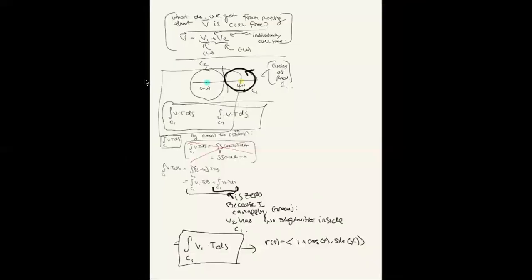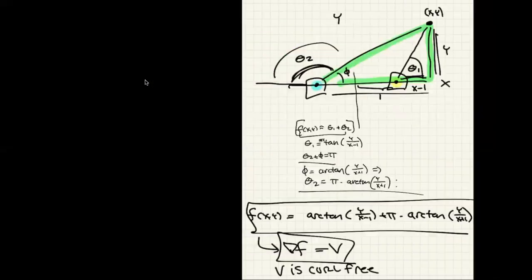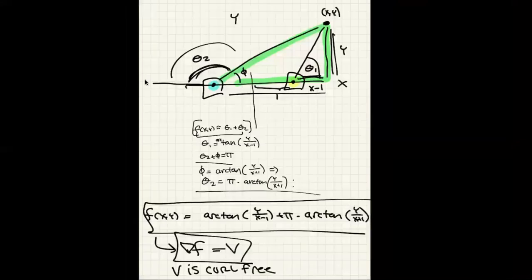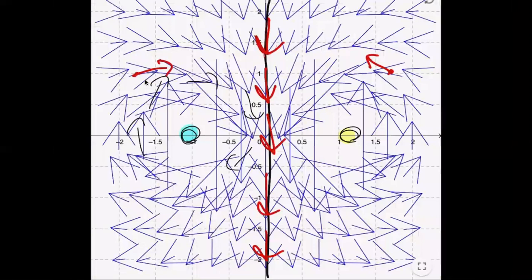And by similar logic, you can compute the integral of V dot T ds over C2. If you look at the picture, you're integrating over this counterclockwise curve. And if you eyeball it, for the most part, you're fighting the current, and you actually get a negative circulation integral.